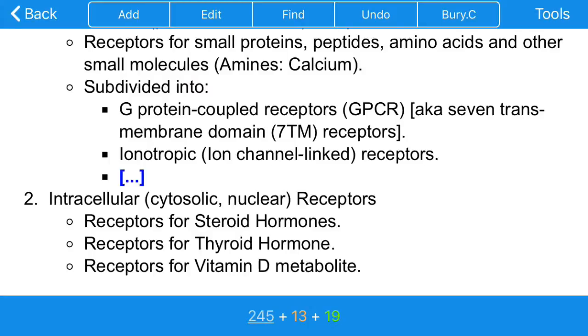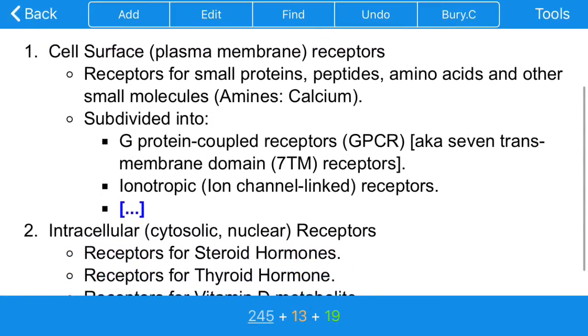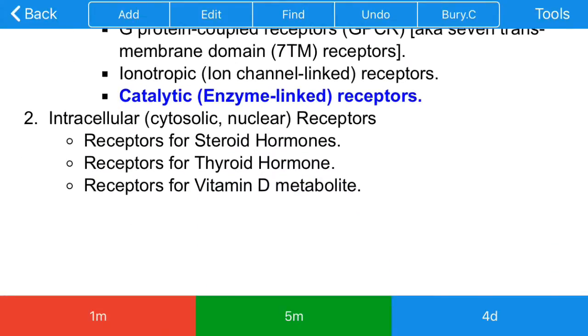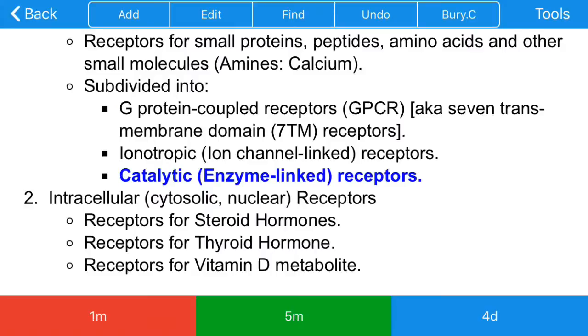G protein coupled receptors, ionotropic, and catalytic. Yes, enzyme linked. Catalytic, enzyme linked.